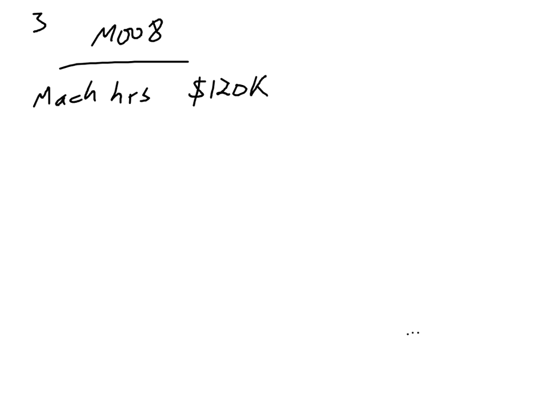So the total cost again is $120,000. According to the chart, there's 8,000 machine hours that ran that month, but only 5,000 of those hours were for M008. So the way you do it is 5,000 divided by your total, which is 8,000.